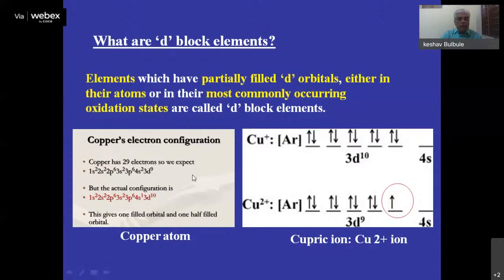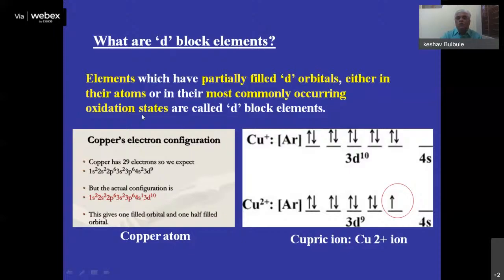Strictly speaking, it should not have been called a d block element, but in reality, it exhibits all the properties of d block elements. Therefore, great people who have contributed a lot towards the understanding of the chemistry of elements like copper, silver, and gold added this line also: either in their atoms or in their most commonly occurring oxidation state.